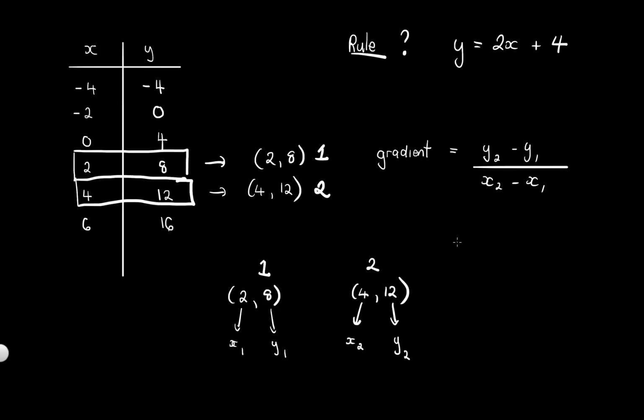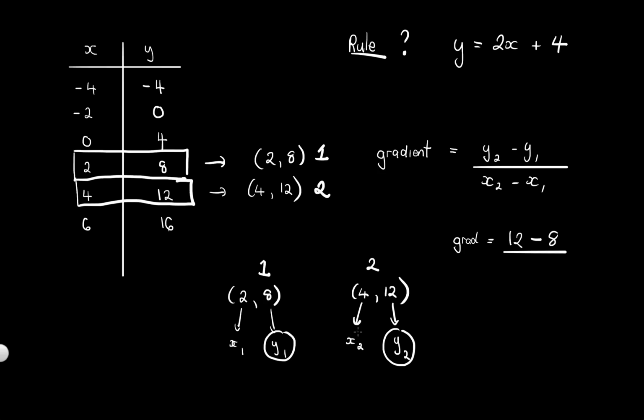So our gradient is y2 minus y1. Well, where's y2? y2 is there, so it's 12 minus y1. y1 is over here, it's the value 8. So it's 12 minus 8 over x2 minus x1.